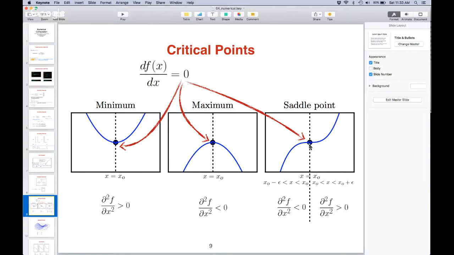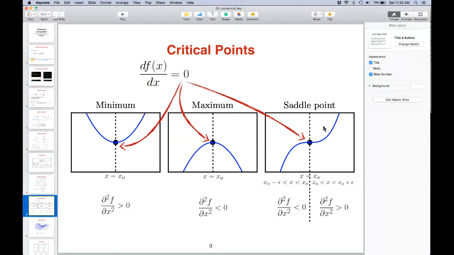A saddle point is defined by a solution point where the first derivative of f is equal to 0 at x equals x0. If the second derivative is positive and negative in different directions in your loss function, then it's a saddle point.